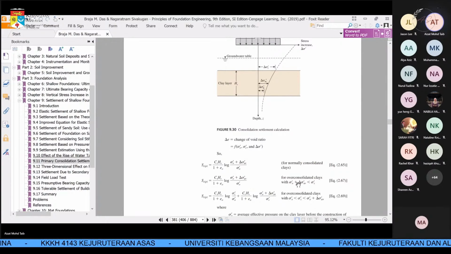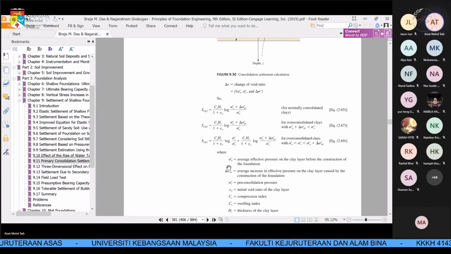Okay, so the second one for over consolidated clay with average effective stress. Okay, kat sini average effective stress, okay, on the clay layer before the construction of the foundation. Okay, plus dengan average increase in effective stress of the clay layer caused by the construction of the foundation.